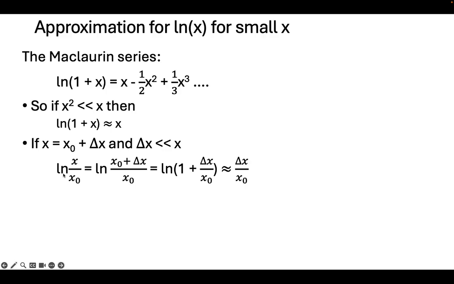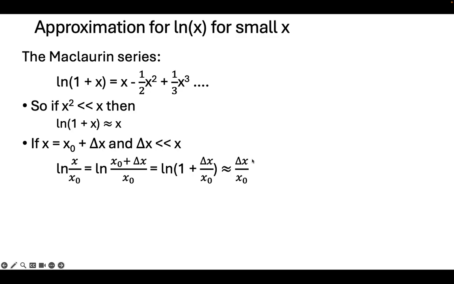Now, if you take the natural log of x over x0, or the natural log of the new volume over the old volume, this x is equal to x0 plus delta x, so this becomes 1 plus delta x over x0. Using this approximation, since delta x is much smaller than x0, the natural log of x over x0 is approximately delta x over x0.